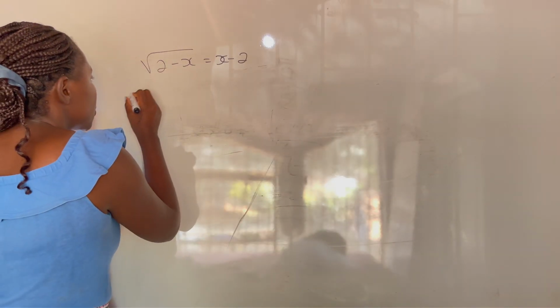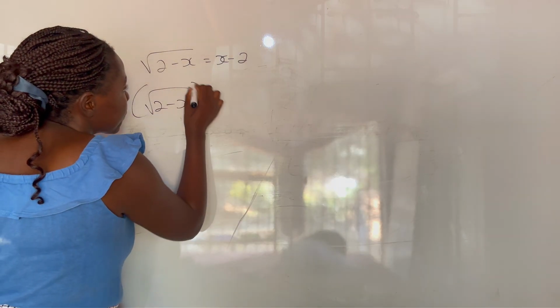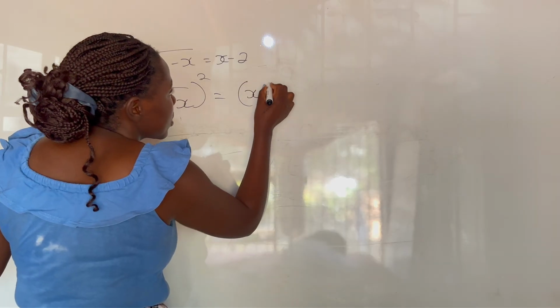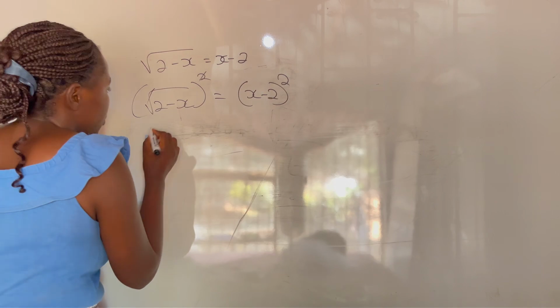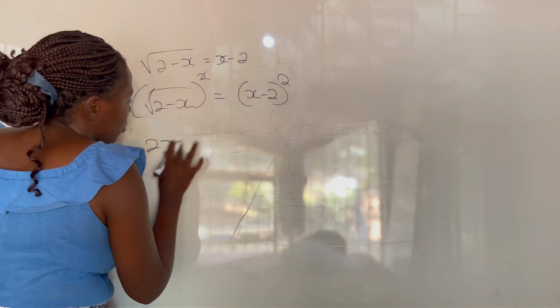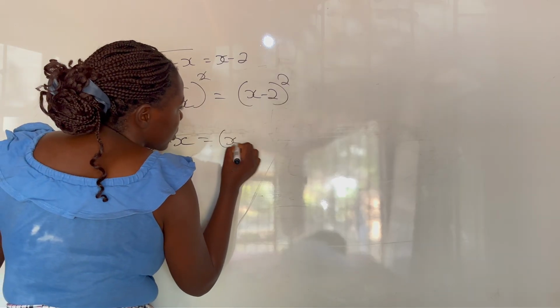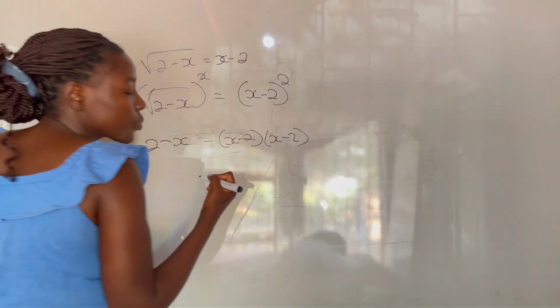So we introduce brackets here in order to remove the square root, equal to x minus 2 with the square root. So this cancels the square root and we'll be left with 2 minus x is equal to (x minus 2)(x minus 2).